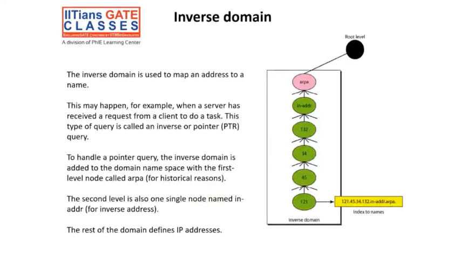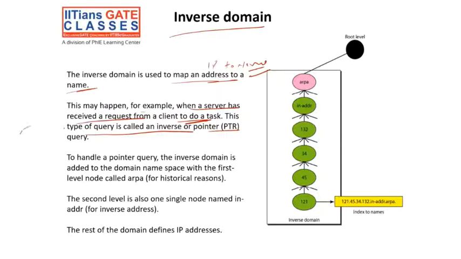Inverse domain, right? This is very important. The inverse domain is used to map an address to a name, IP address to name. This may happen, for example, when a server has received a request from a client to do a task. This type of query is called inverse or pointer.